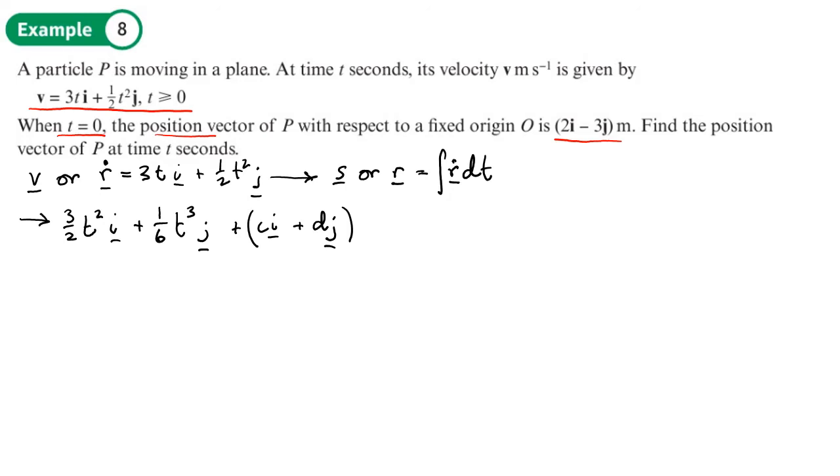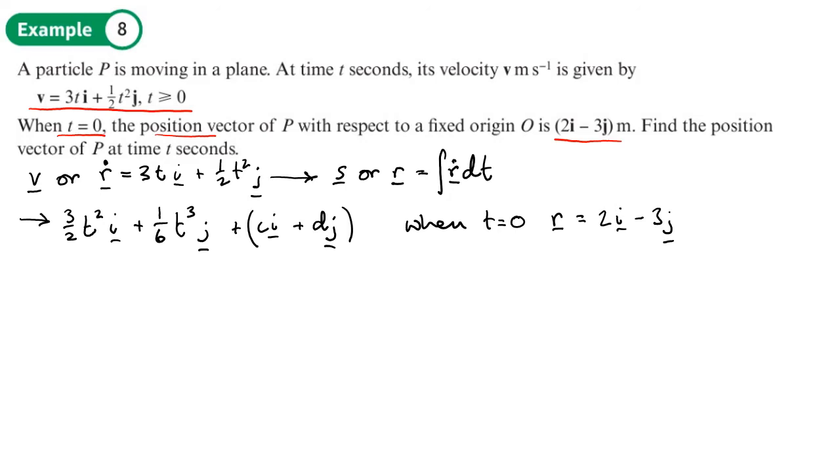Now we're told that when t equals 0, the position vector r is equal to 2i minus 3j. So we now substitute in t equals 0 and make it equal to 2i minus 3j to work out our vector constant.